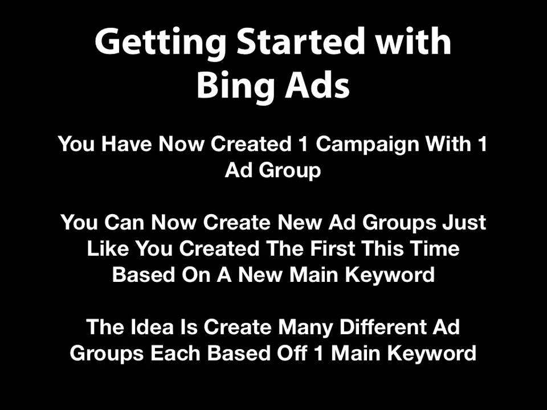So we can now base other ad groups off, definitely still in the woodworking niche. I still want to be sending people to that same squeeze page, but we can be using different keywords to get the rest of our keywords when we use the keyword suggestion tool there. And the idea is to create many different ad groups, each based off one main keyword.